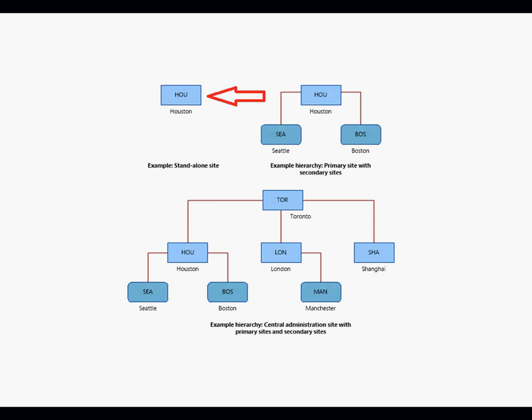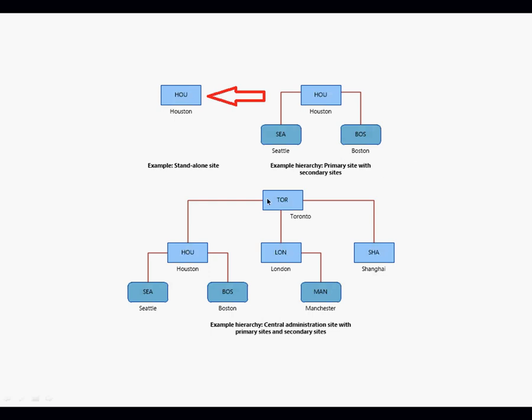So basically, the secondary site comes into the picture for bandwidth optimization, when you have low bandwidth and you don't want to choke up your network.